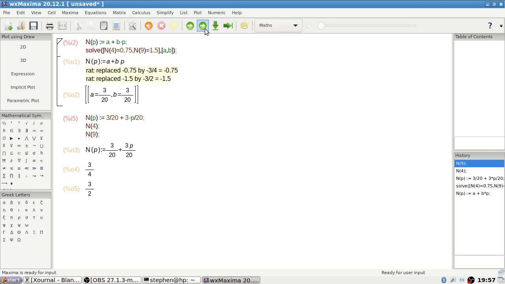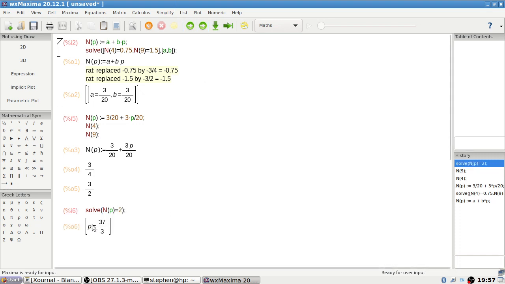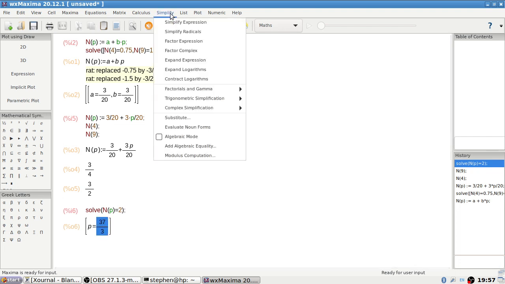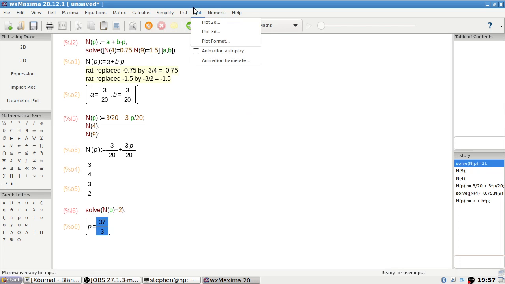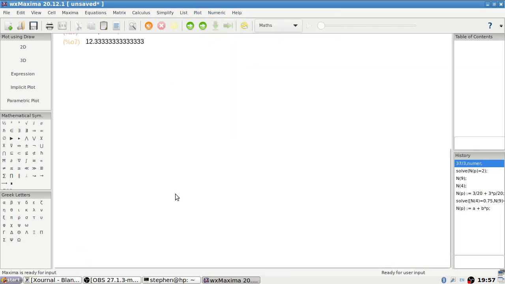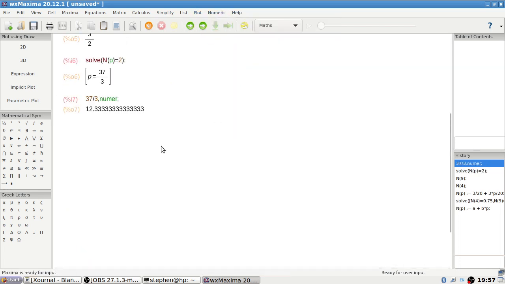That's part A done. Find the linear function. Use part A to determine how many pages can be typed in 2 hours. So now I want to solve when N(P) equals 2. 12 pages and the 13th page is in progress.